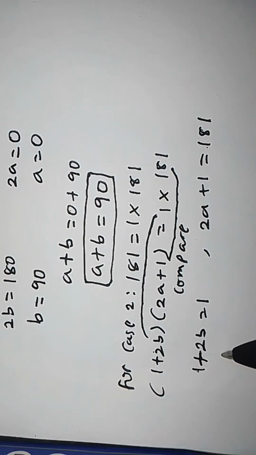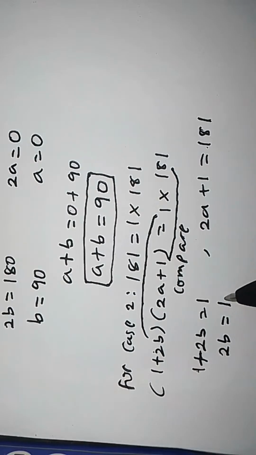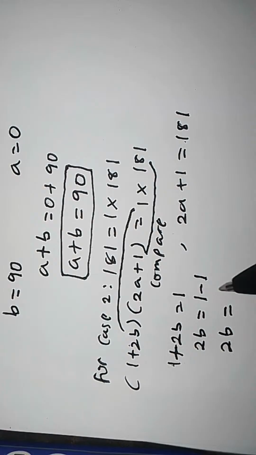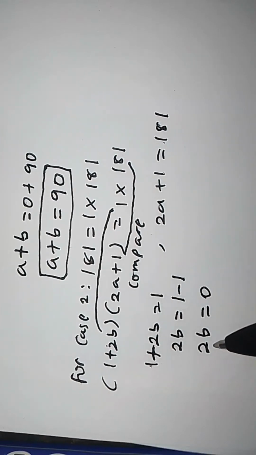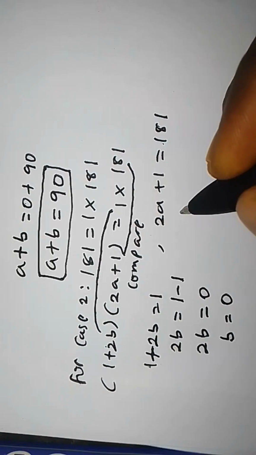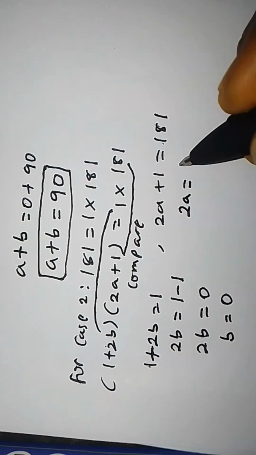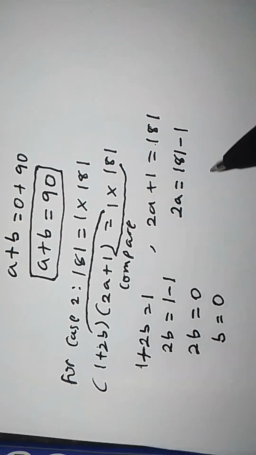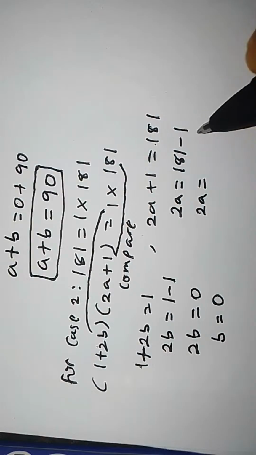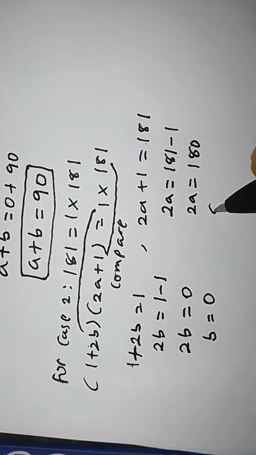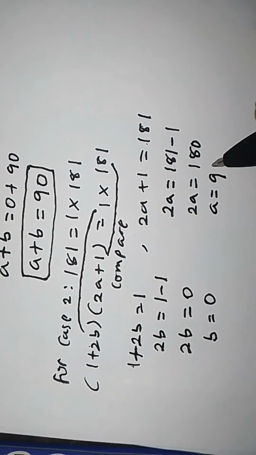From this line, 2b equal to 1 minus 1, that is 0. Divide both sides by 2, b is equal to 0. Also from this line, 2a equal to, moving 1 to the right hand side, 181 minus 1, that is 180. If you divide both sides by 2, a is equal to 90.